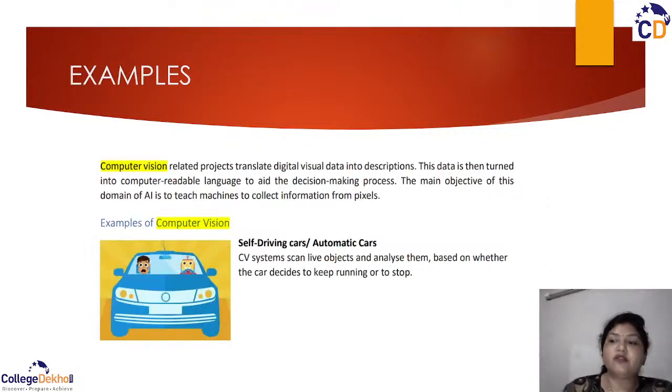Now, let us see some examples of computer vision. We must all be aware of self-driving cars, or automatic cars. This is one of the applications of CV. CV systems can scan live objects. A car is moving on the road and identifying the different objects surrounding it.